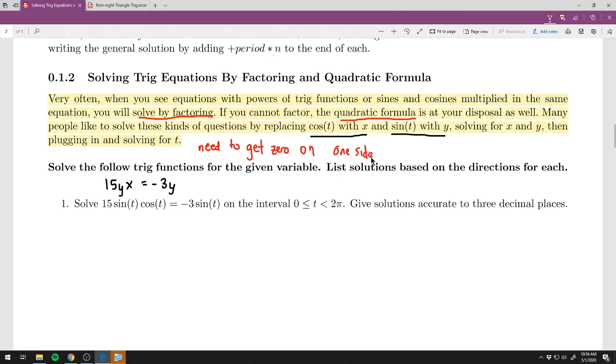And that really follows from the fact that when you use either of these two methods, factoring or the quadratic formula, you get 0 on one side. So I'm just going to kind of work this one with y and x just to explain what we're going to do. I think also factoring with two variables, that's something you should be familiar with. So what we would do to get 0 on one side is adding 3y to each side would do it for this one.